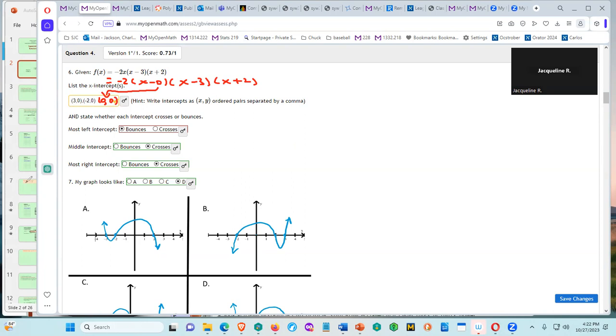And the multiplicity of all three zeros is 1. Just because an even would bounce, right? Well, 1 means it crosses. Okay. So multiplicity 1 means crosses.